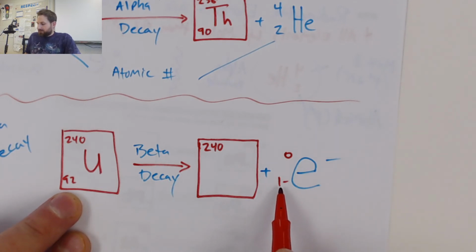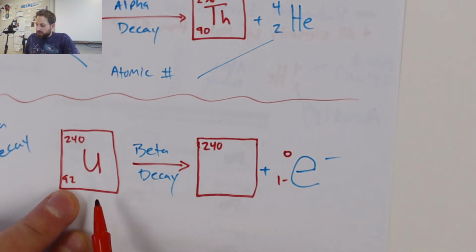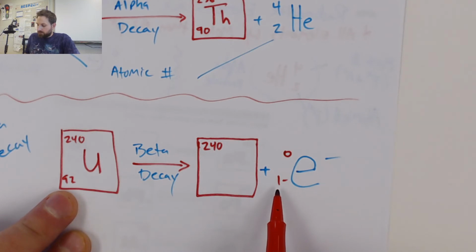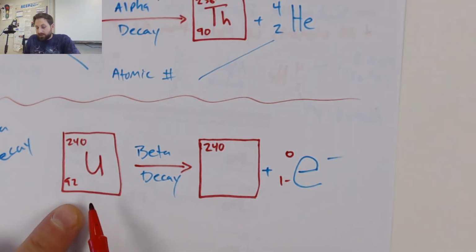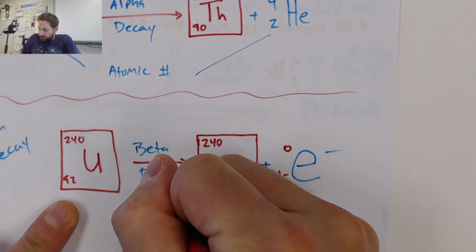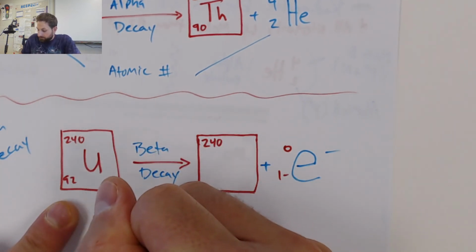But this is weird, right? So 92 plus negative 1, like what? That's kind of weird.